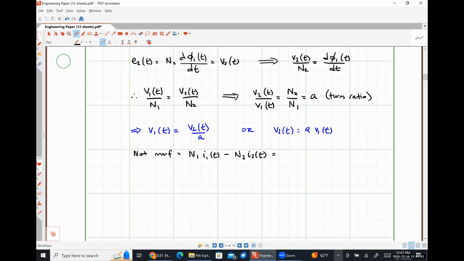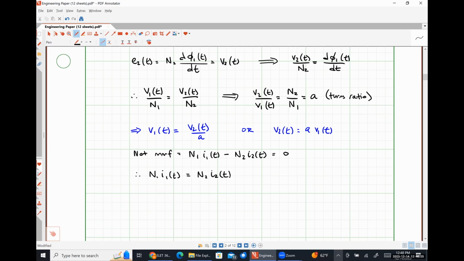So these are of opposite signs because we know that Lenz's law tells us that this change is going to cause our other coil to act in opposition to the change. Okay. And this net MMF must be equal to 0. So from this, we can see that N1 times I1 will be equal to N2 times I2.